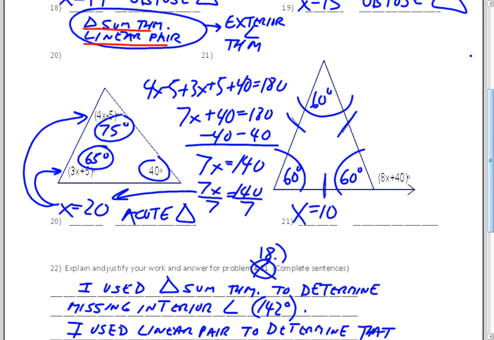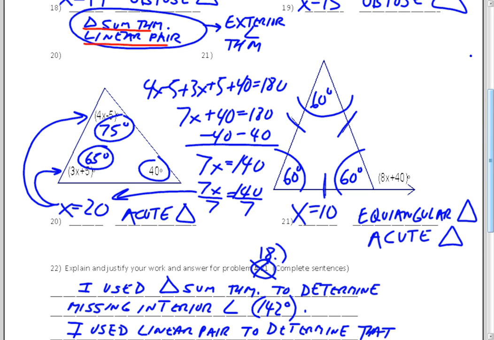And that's the name of my triangle. Equiangular triangle. What else could I call it? Since every angle is below 90, I could also call this an acute triangle, as long as I'm basing it on the angles.